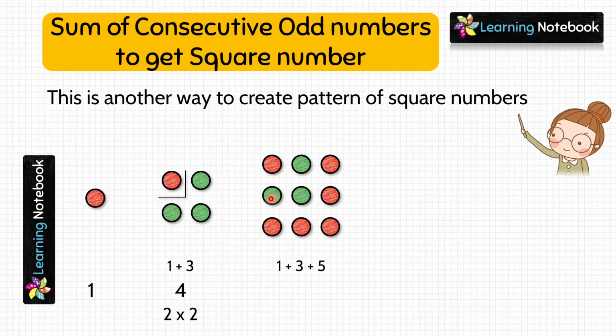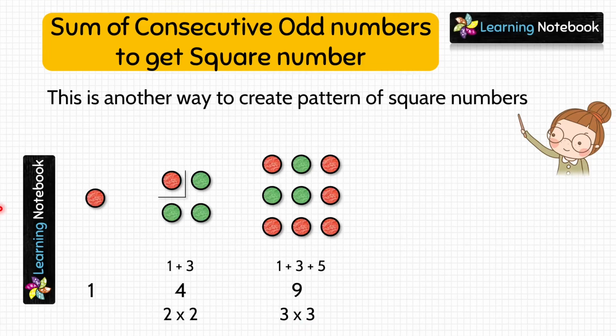These 3 green bindis resemble second odd number 3 and then 5 red bindis resemble the next odd number 5. So 1 plus 3 plus 5 equals to 9. So by adding these 3 consecutive odd numbers 1, 3 and 5, we got the square number 9. And we know this 9 also equals to 3 into 3.